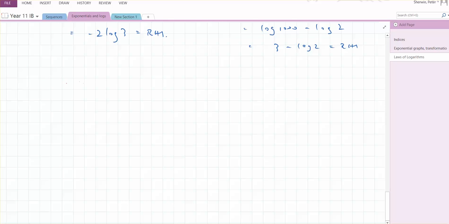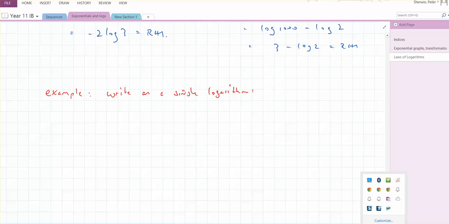So let's have another look at another example where we have to write as a single logarithm, and now that's the task. So let's have a look at, say, log 16 plus 2 log 3.